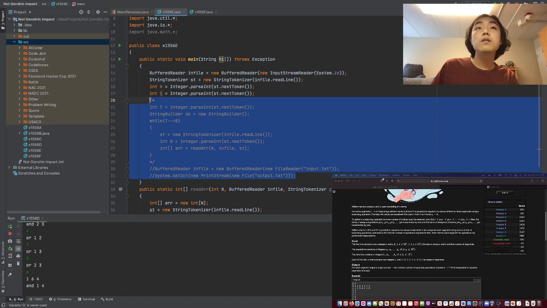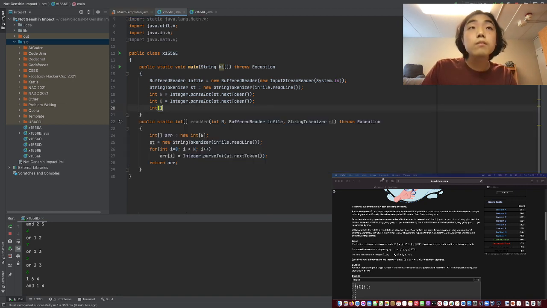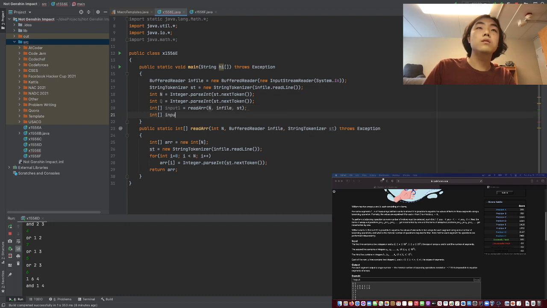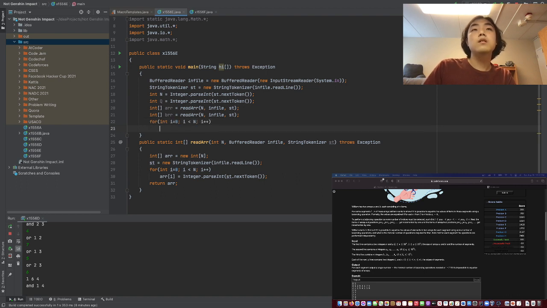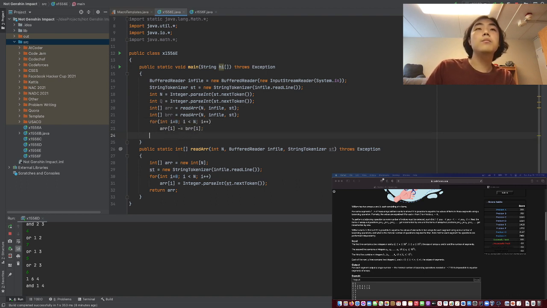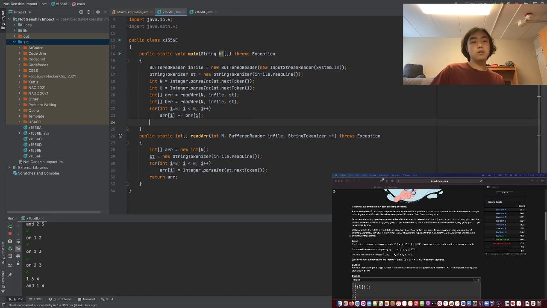Q, and input 1 is equal to, array at i is equal to this.